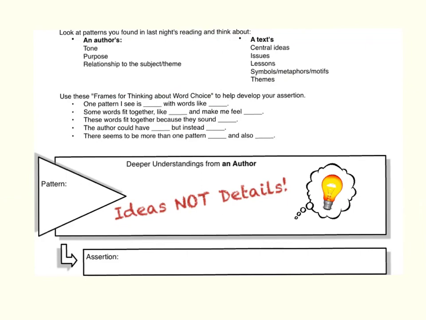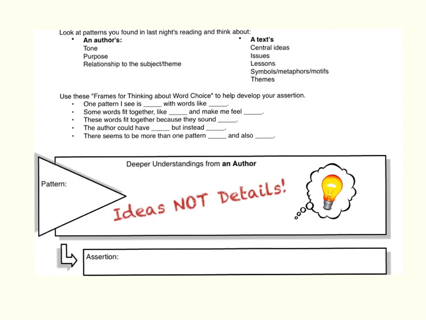The second most important thing is to remember that in this box go your deeper understandings, ideas, not details. Do not simply restate the details that you had in your patterns graphic organizer. You want ideas. I want to see your thinking here. Answer the questions how or why.